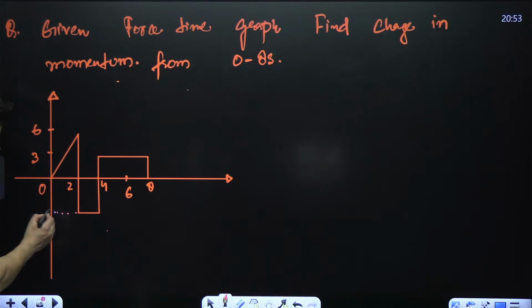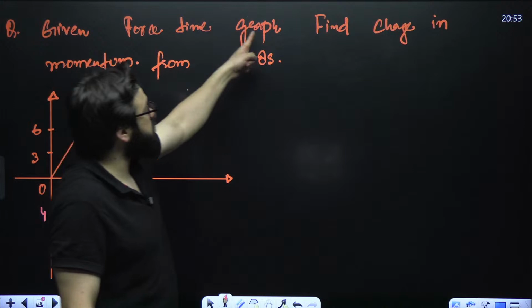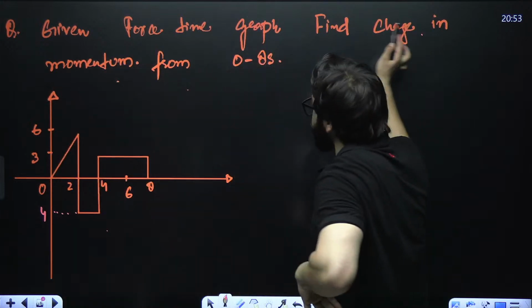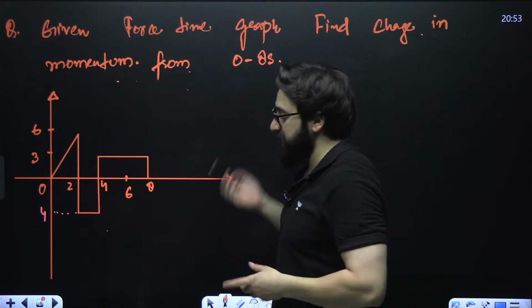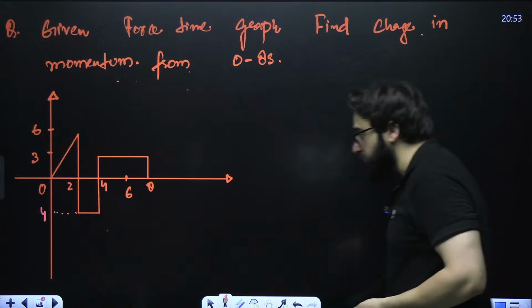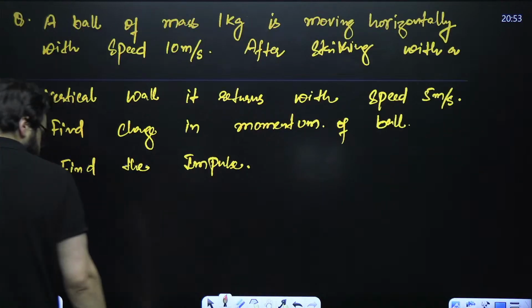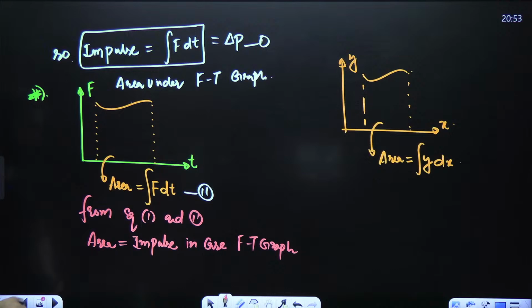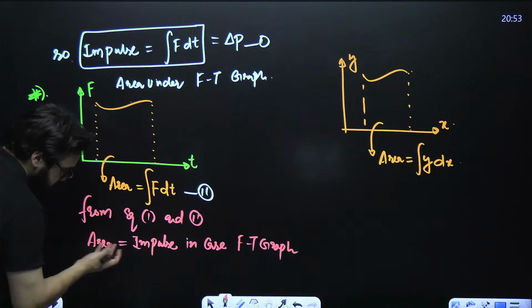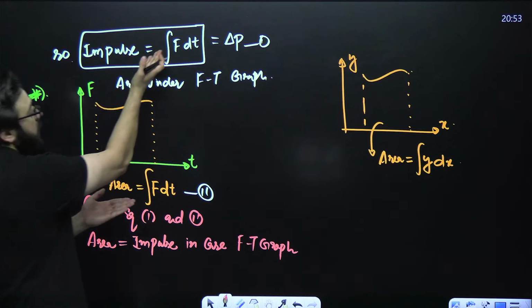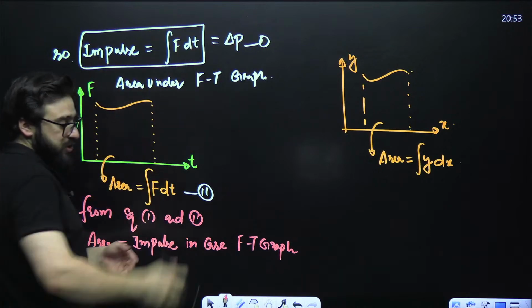Given the force versus time graph, find the change in momentum from 0 to 8 seconds. Either you say change in momentum or you say, sir, impulse, because this F dt is also change in momentum.